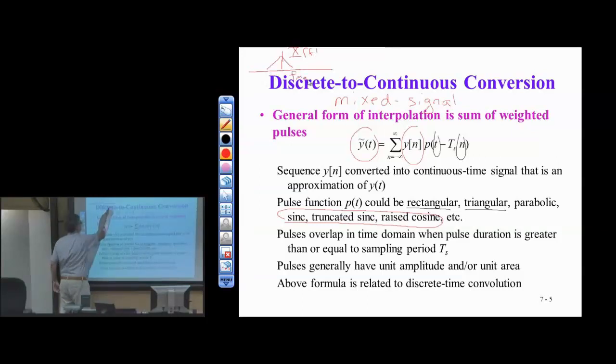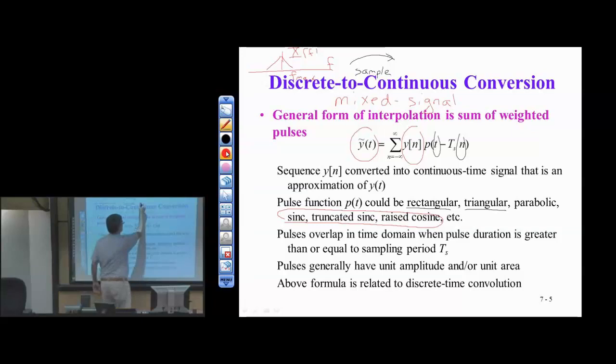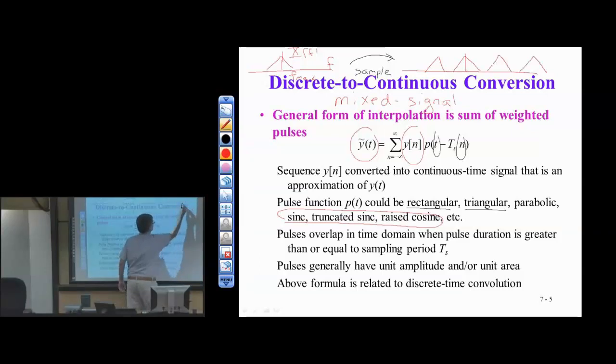If that's our starting point, and we sample that, we get the replicas. The baseband comes through, and then we get offsets of the same spectrum, the same shape, at integer multiples of the sampling rate.